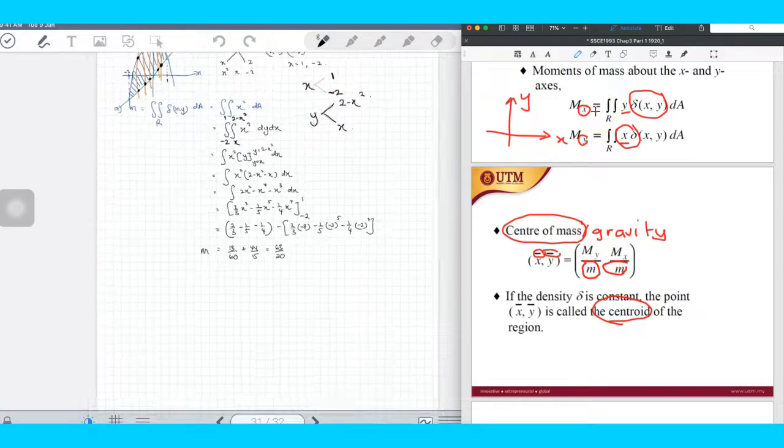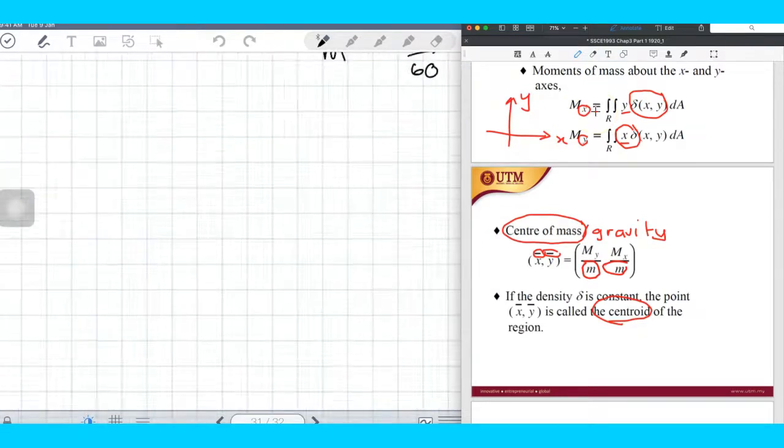For the moment about the x-axis, we use a double integral, but we have to multiply the density function by y, dA, over the region. And for the moment about the y-axis, we multiply the density function by x, dA, over the region.